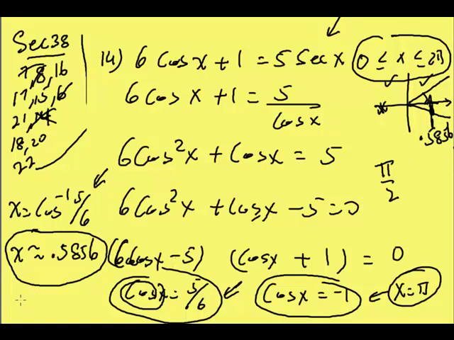So to do that, I'm going to get x is equal to 2 pi minus 0.5856. Calculate that for me, please.